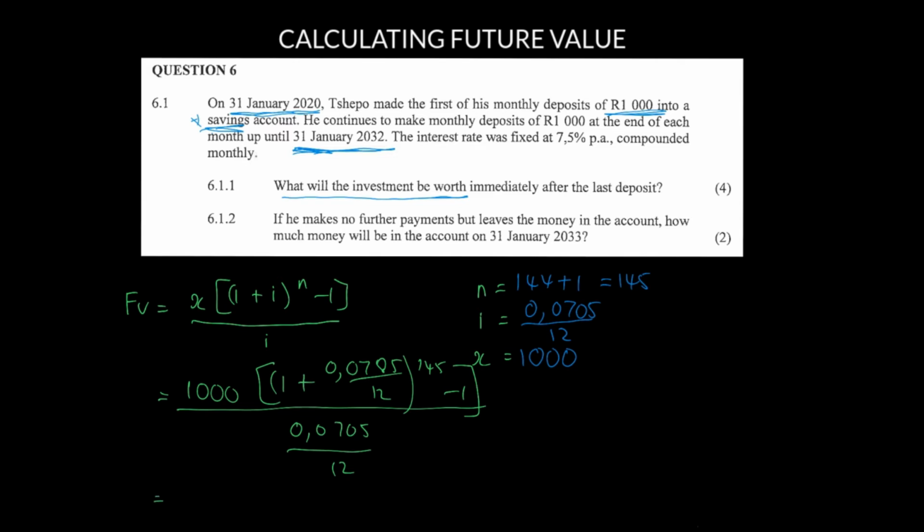What we would then need to do is put that into our calculator and work out the answer correct to 2 decimal places. Don't forget to put in the Rand sign. So this would give us R234,888.53.